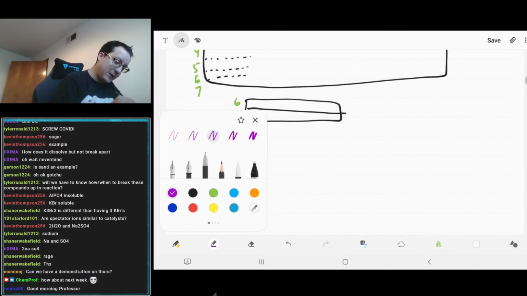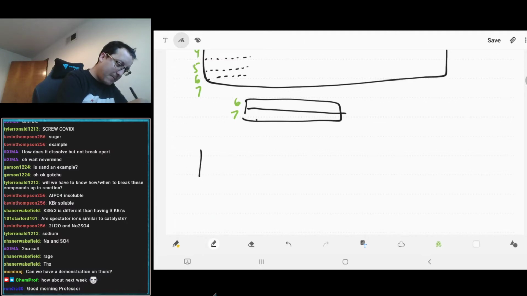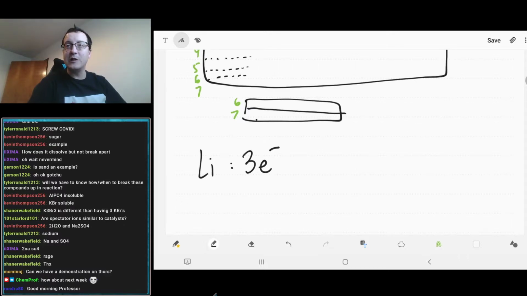So, for example, let's take a look at lithium. If we know where lithium is on the periodic table, it is element number 3. In the ground state of neutral lithium, that's not a charged one, not an ion, it has 3 electrons, right? 3 protons, 3 electrons.